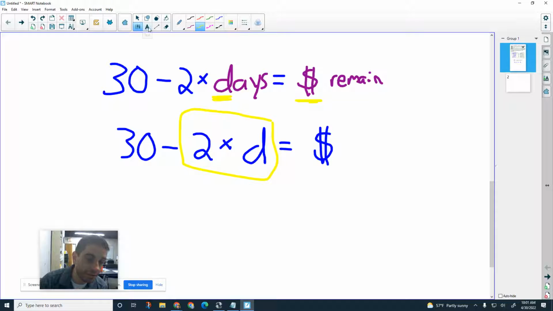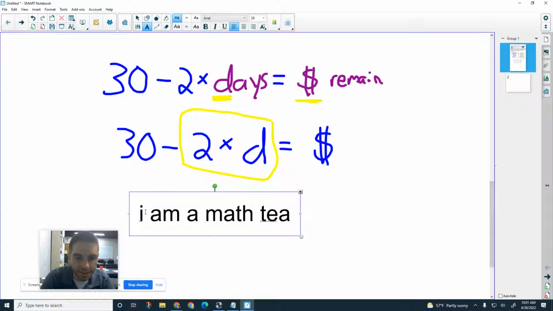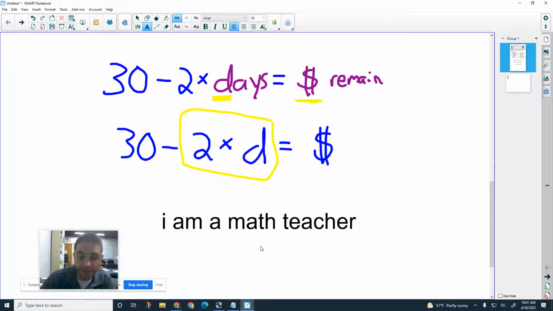So, you know how in English, if I write "i am a math teacher" and I didn't do anything else to it, you understand kind of what I'm saying, but it's bad grammar. In other words, it should be fixed. We should make it into a capital I, and then we should also put a period at the end of it. That's what I mean by grammar. So by doing that, I fixed the English grammar.